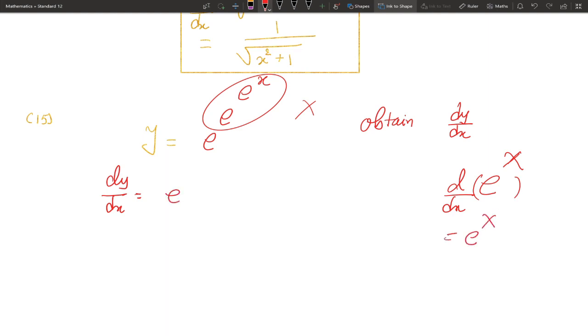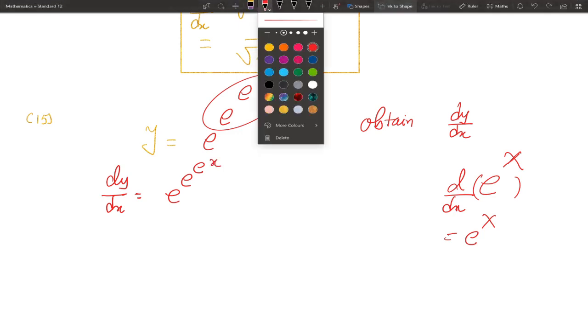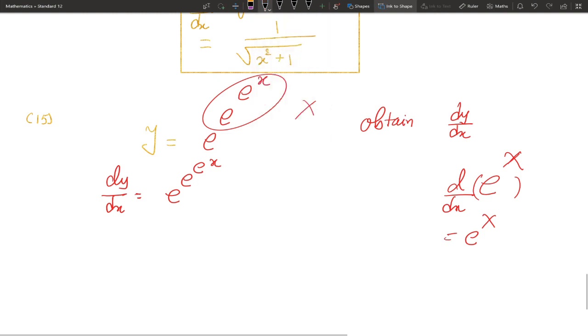So e raised to X. But now you observe, what about the power? Power is function of x.